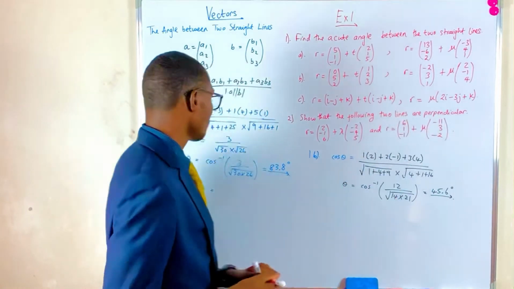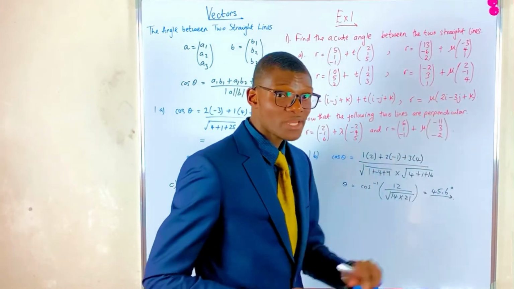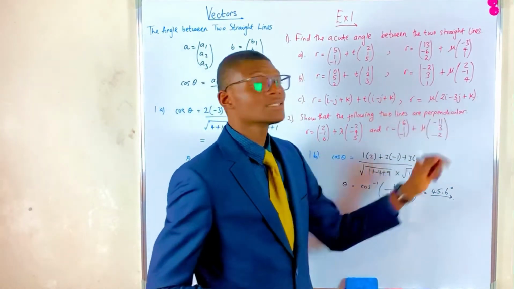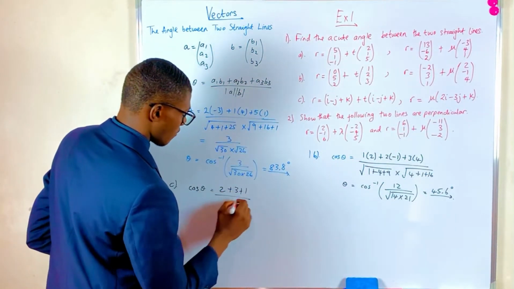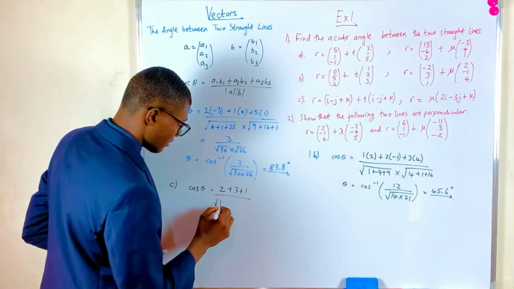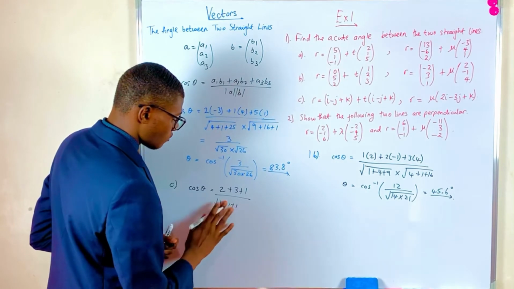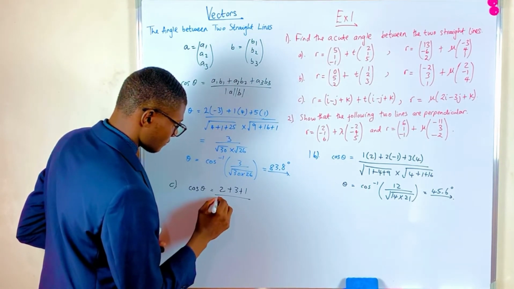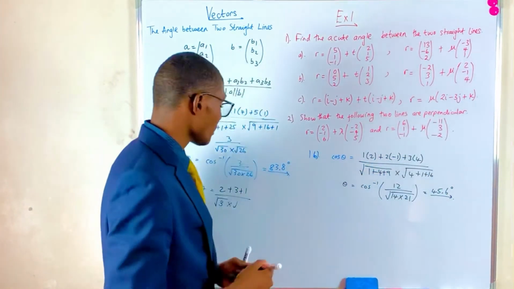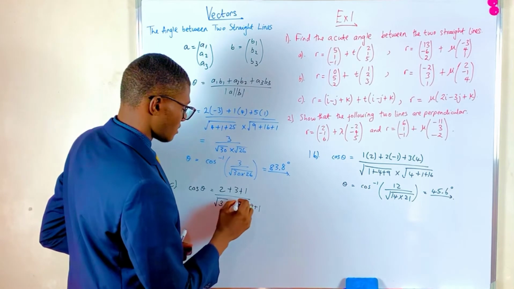We're saying 1 times 2, we get 2, minus 1 times minus 3, that's a plus 3, and then 1 times 1, that's simply 1, over the magnitude of this direction vector, 1 squared we get 1, plus minus 1 squared, that's 1, then plus 1 squared, that's 1 as well, which is just root of 3, times root of the magnitude of this direction vector, 2 squared we get 4, plus minus 3 squared, that's 9, and plus 1 squared, that's 1.